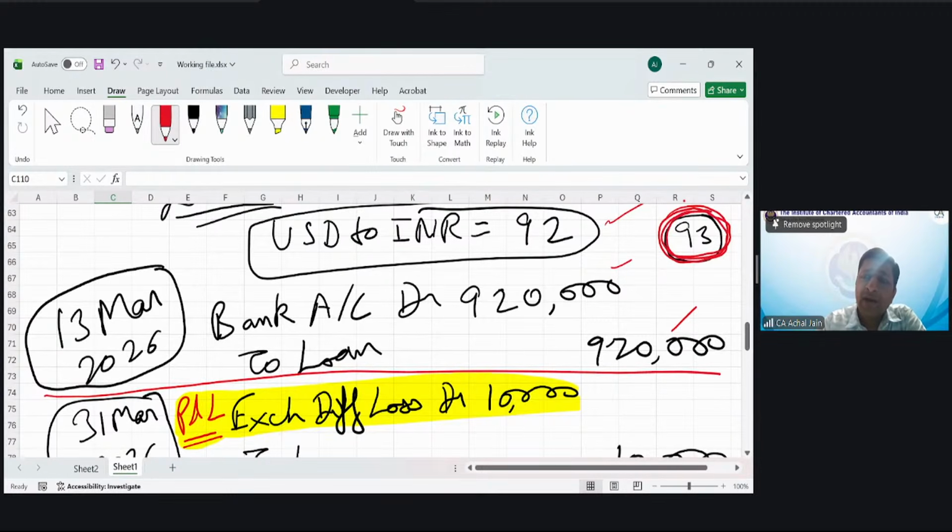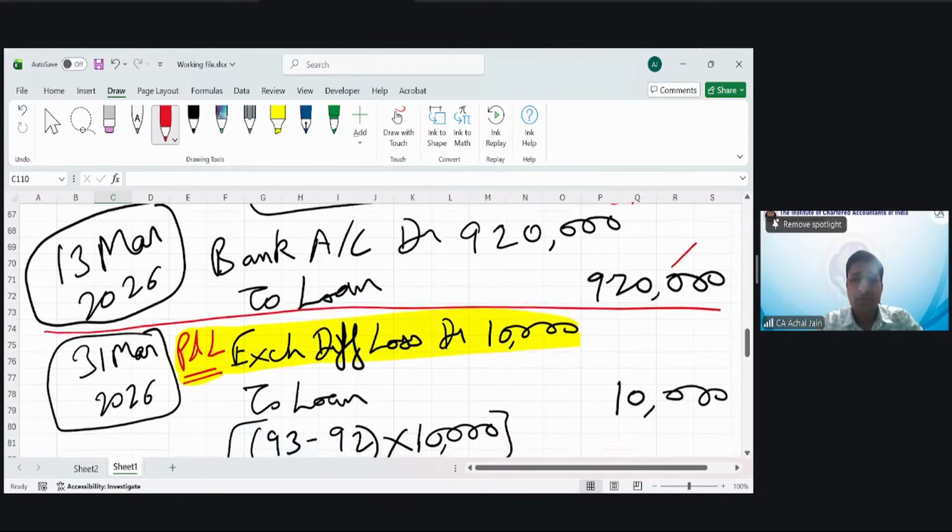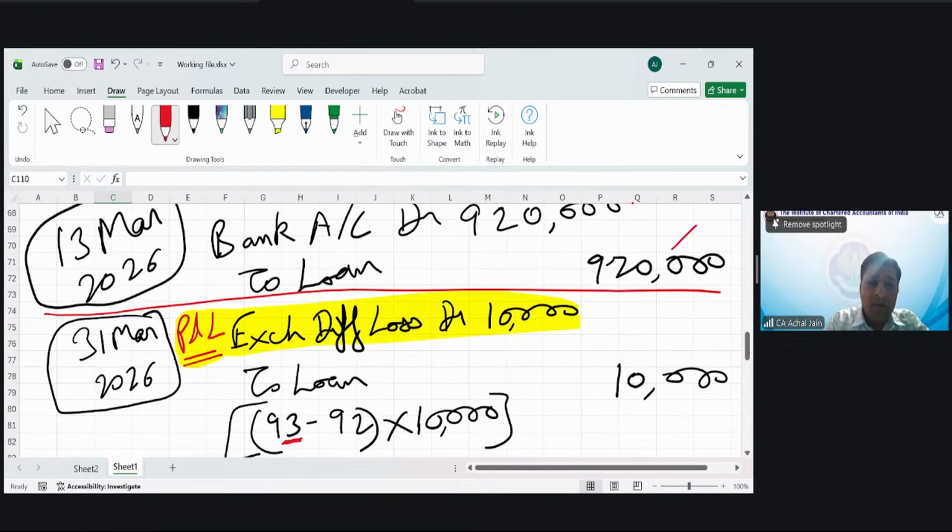So as per the requirements of AS 11, we are not talking about AS 16, you are required to restate this from 92 to 93. That means you will increase the amount of liability by 10,000. So if your liability increases, what does it mean? It's an expense for the company. Now, what is the nature of that? It's a foreign exchange difference loss.